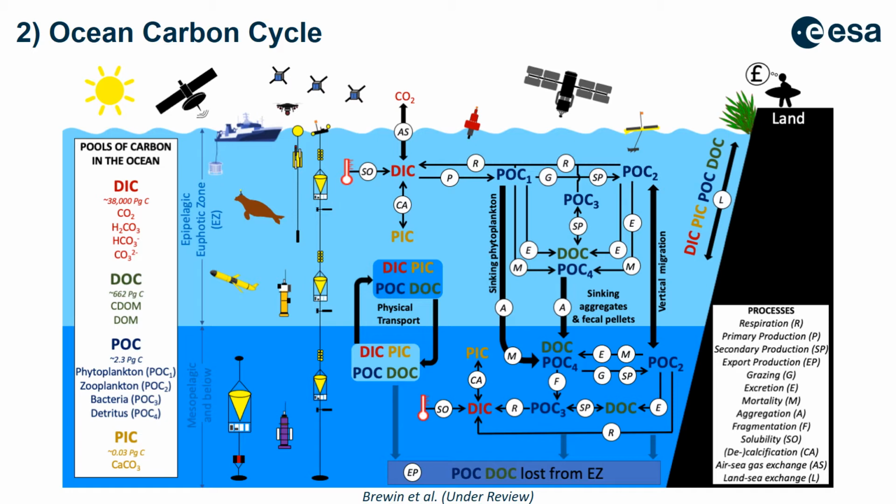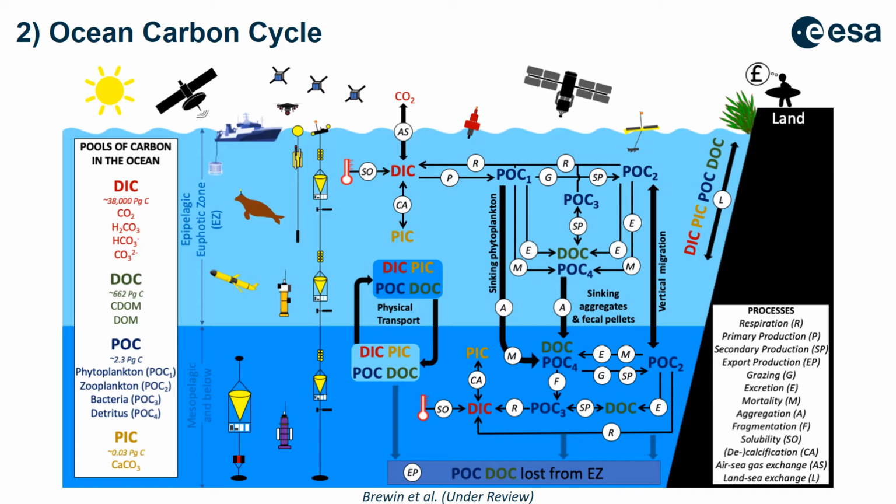Now, this carbon, principally produced through primary production, can then be transferred to depth using various pathways: physical, the sinking of dead phytoplankton, the sinking of aggregates, and also this process known as zooplankton migration, where zooplankton eat the phytoplankton and then migrate to depth and release the carbon that they've eaten in fecal pellets.